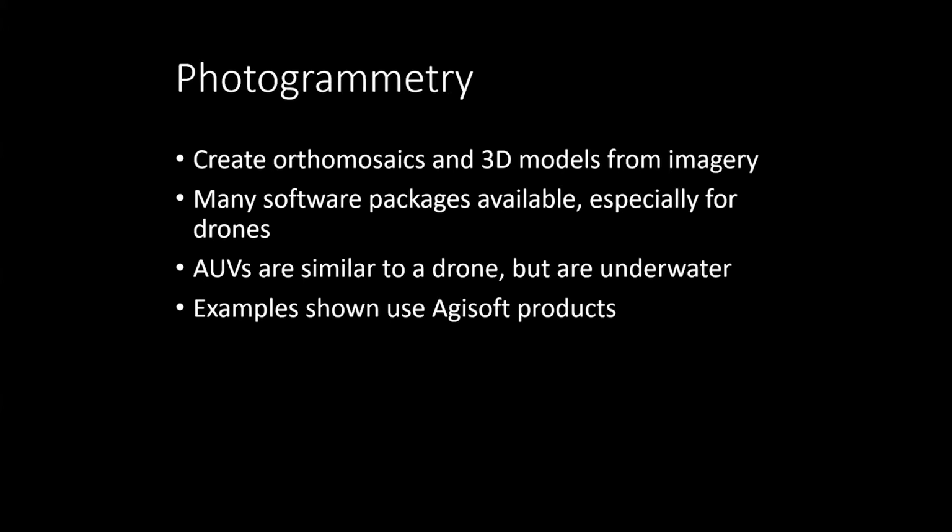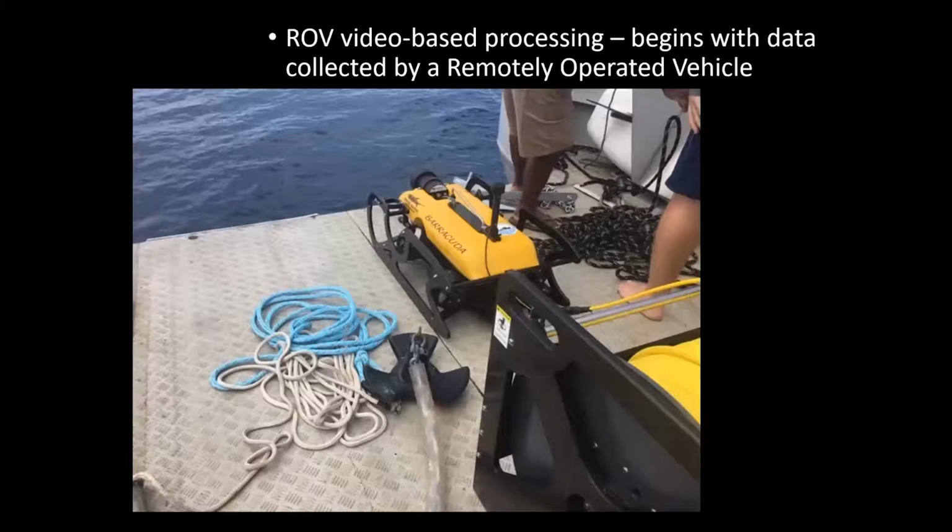Sometimes we can actually record imagery on them, but they are underwater. So we have some extra challenges due to the water column, but those are the fun part of what I get to overcome. I'm going to show you some examples, and for all the examples, the data analysis software that I use is called Agisoft Metashape. They have a free version, but the paid version is way better.